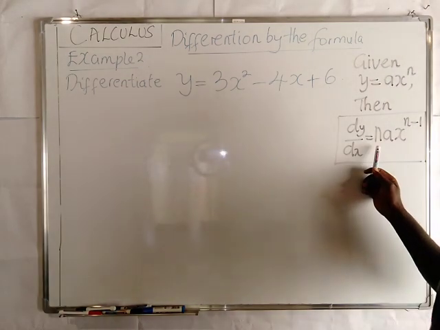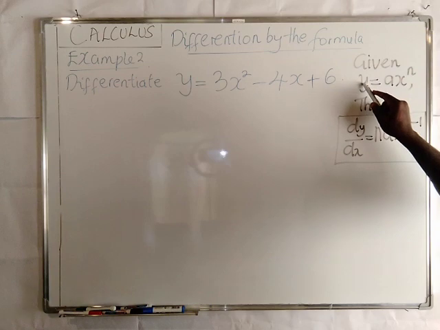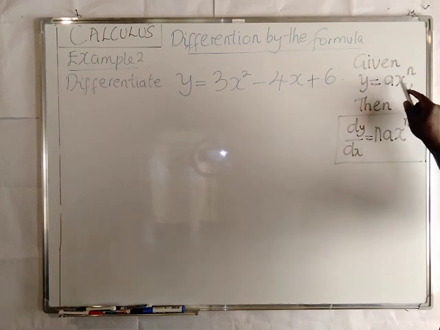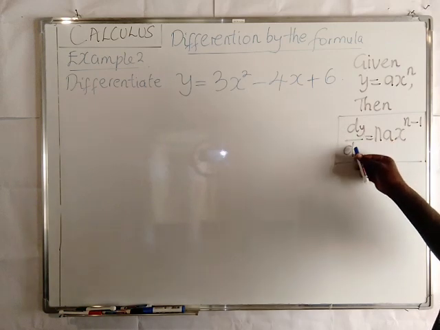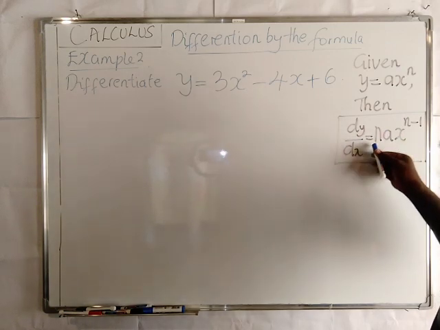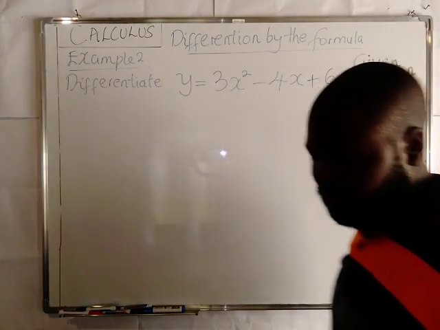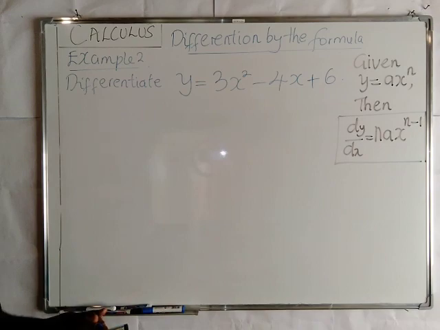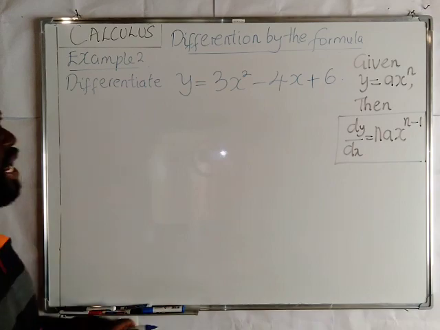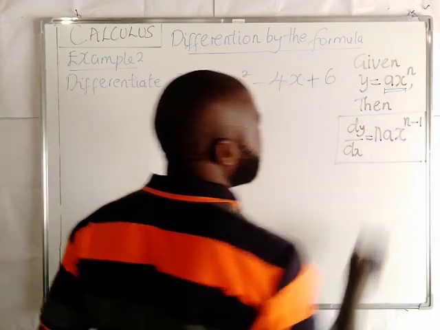We know the formula says given y is equal to ax power n, then dy dx is equal to nax power n minus 1. So basically, when you analyze the formula, it looks at one term alone.